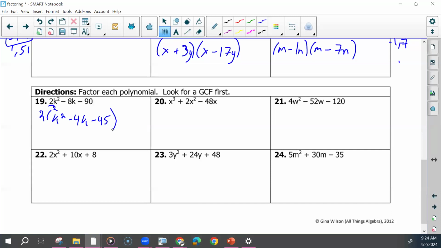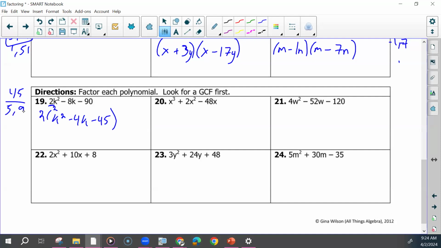So then we're looking for two numbers that multiply to be 45 and add or subtract to be 4. What are some factors of 45? 5 times 9. There are others, but I'm going to stop right there because 5 and 9 would work.